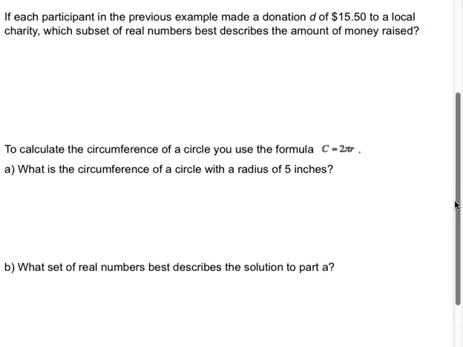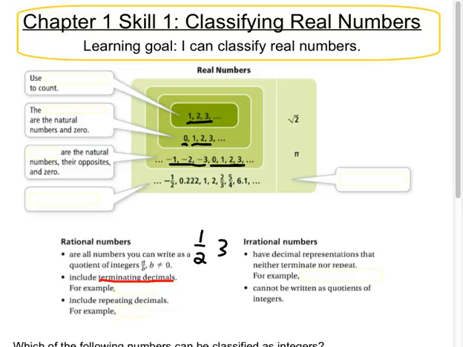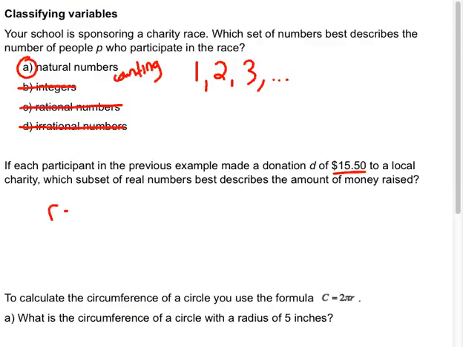We need to be able to include decimals because the money amounts that they're giving include decimal values. So where's the first place in this diagram? I'll switch back. The first place in the diagram that we see decimals, well, that first place is right here in the rational numbers. So because I know that I need those, I know I have to jump all the way to the rational numbers to describe that situation.